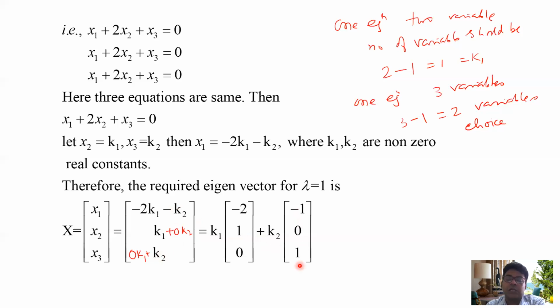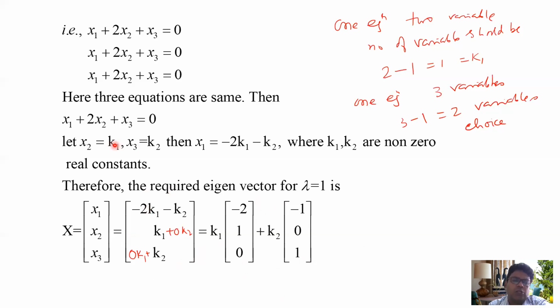So from here it is clear that for eigenvalue lambda 1, there exists an eigenvector x that is a linear combination of these two vectors, (minus 2, 1, 0) and (minus 1, 0, 1). Clear? This is the logic behind this. Suppose you wonder where this comes from.